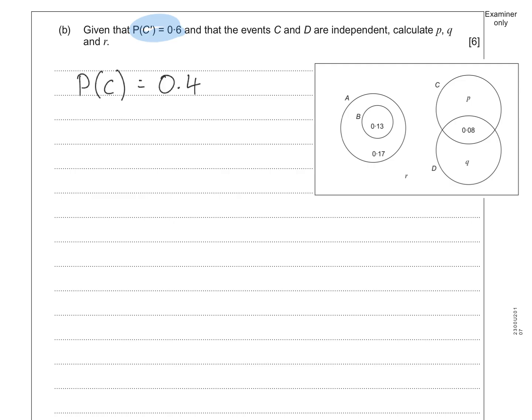We look at our Venn diagram, we can see that C is P plus 0.08, so that's 0.08 plus, I got it wrong again then, didn't I? I said C, but I meant P. So that tells us what P is. P is 0.32, so there's a nice easy start to this question.